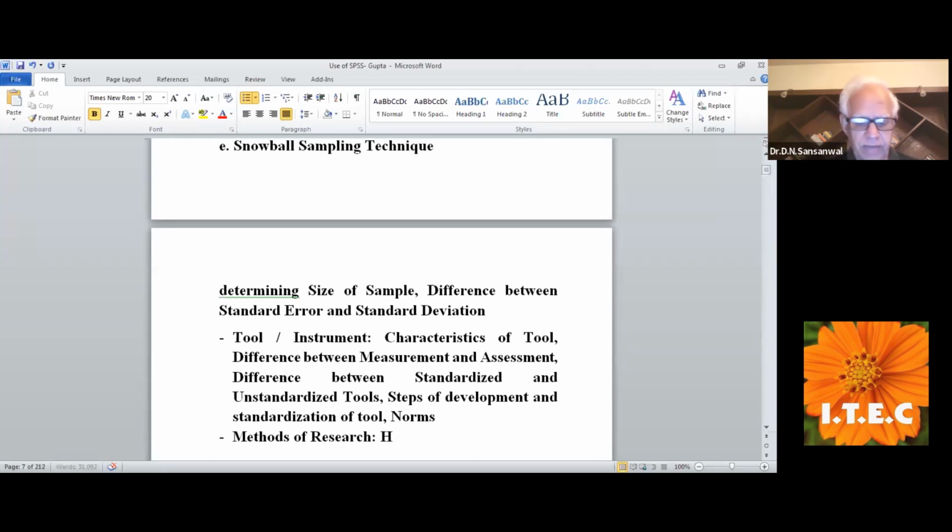Then there is the historical method, and in that, if I have time, I will talk about it. Otherwise, you can read from the books. I will be talking about the experimental method.